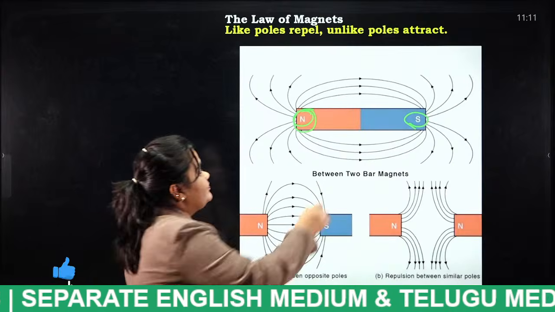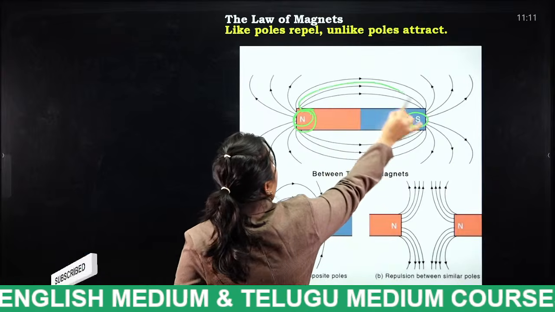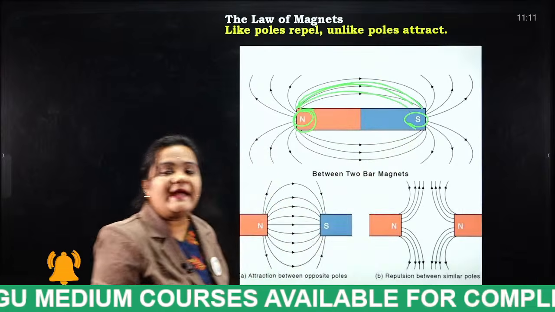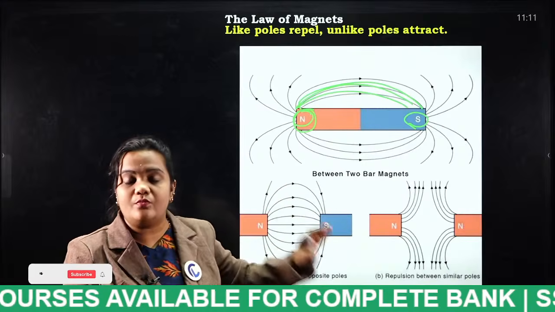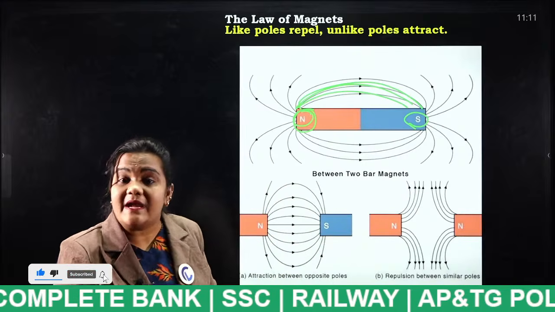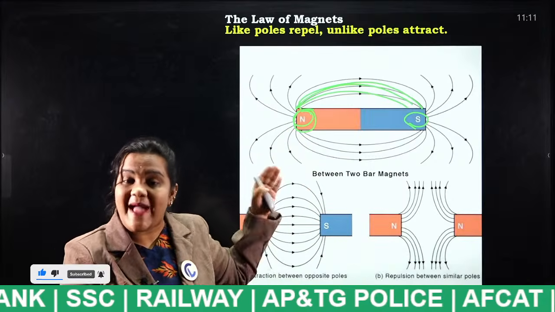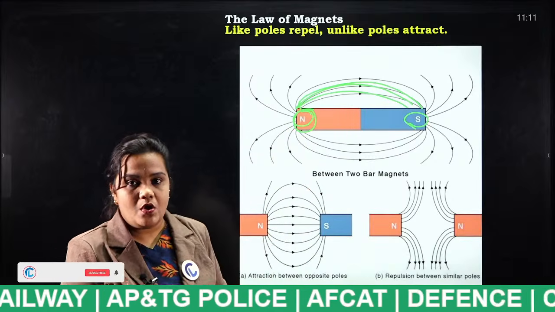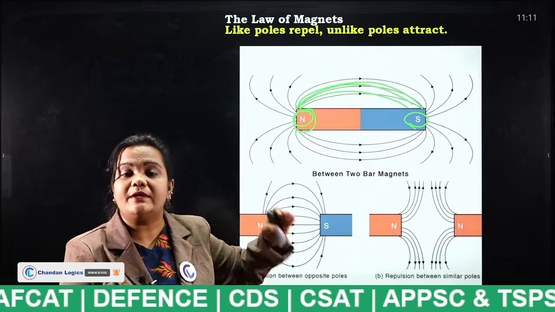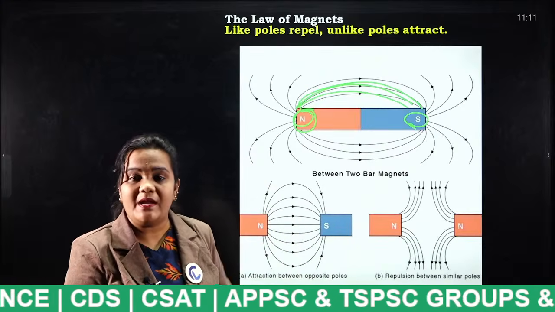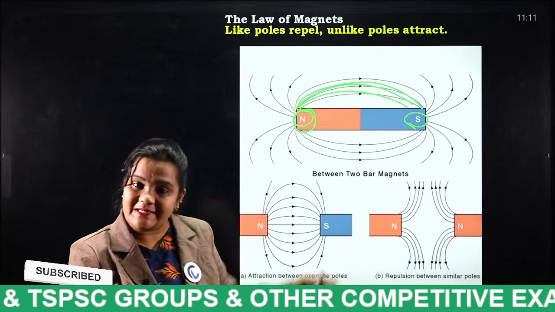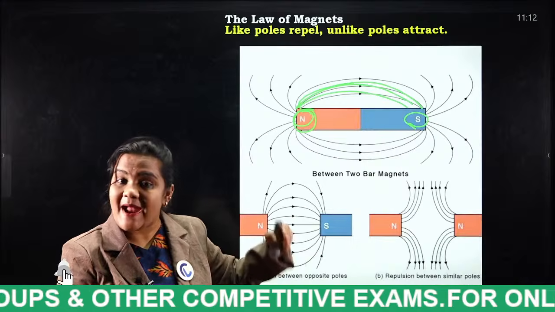The lines which surround the magnet in a closed loop are known as magnetic lines, and that particular field is known as the magnetic field. In upcoming slides we are going to discuss what is magnetic moment, what is magnetic flux, what are the types of magnetic materials, and how many types of magnetism we have.